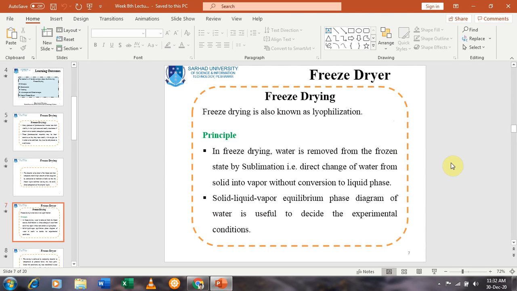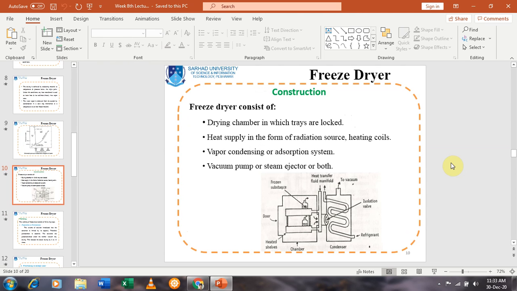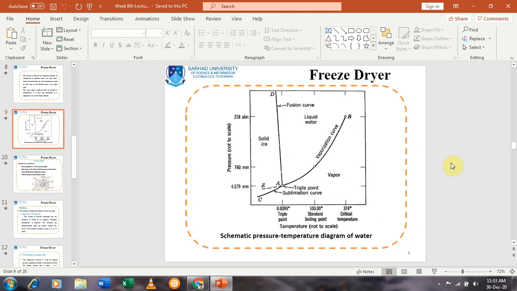Then we discussed the principle: the schematic pressure-temperature diagram of water, the solid, liquid and vapor phase diagram of water, the triple point, and the temperature and pressure.